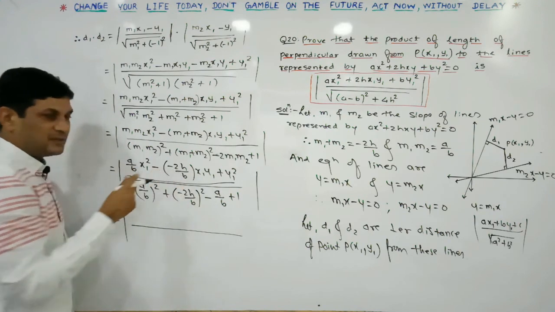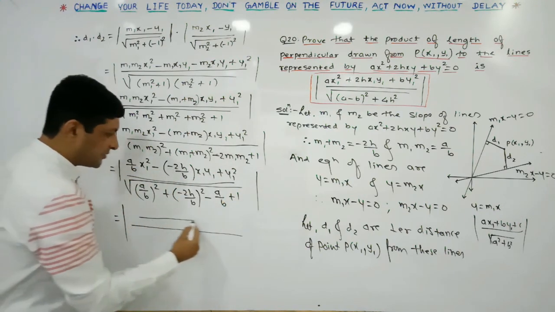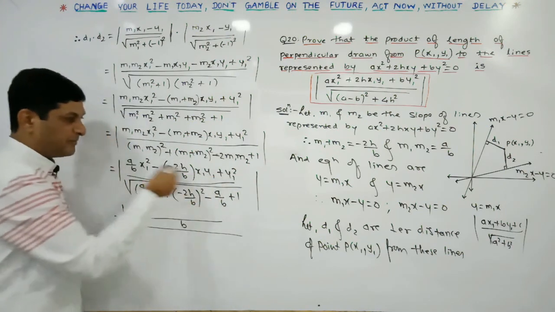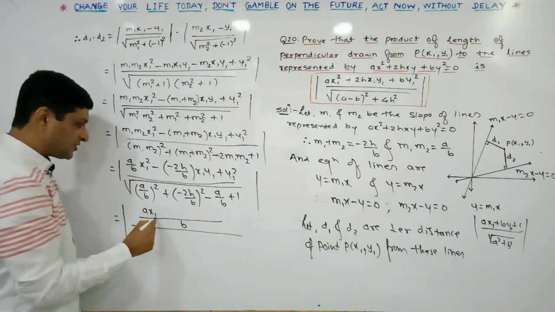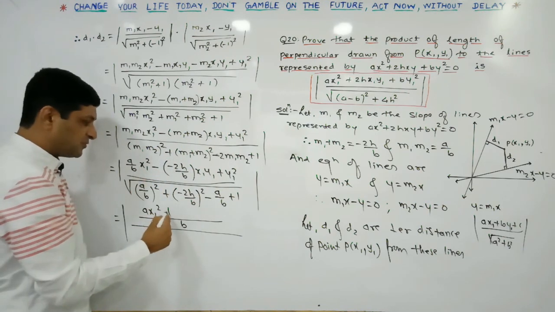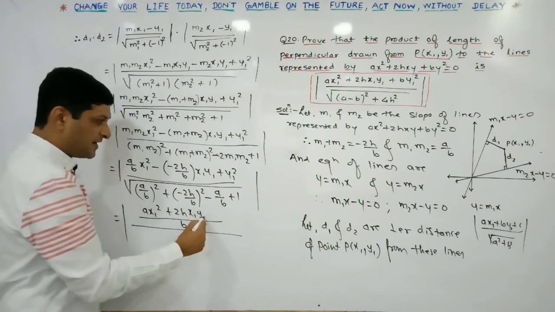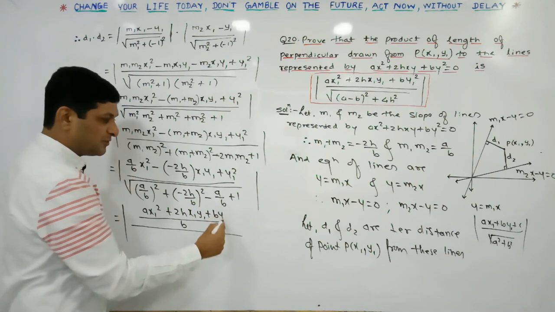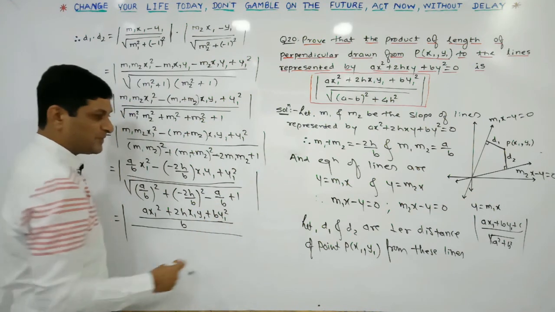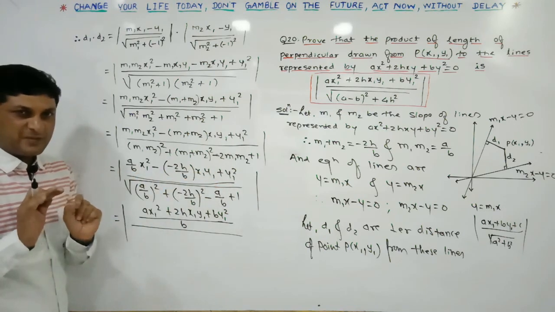Already b is in the denominator of the first two terms, just simply we have to arrange b in the denominator of the third term, so that the denominator of all the three terms will become same. So what we will get here, a x1 square, minus into minus will become plus 2h x1 y1 plus, here if we are multiplying the numerator by b, in the numerator we will get b y1 square and in the denominator we will get b, means denominator of all the three terms will become equal.